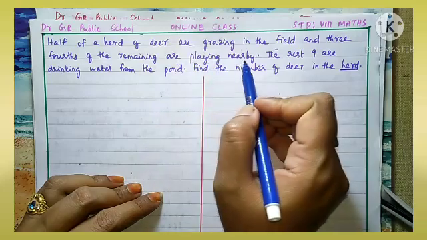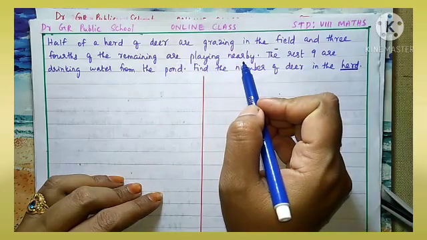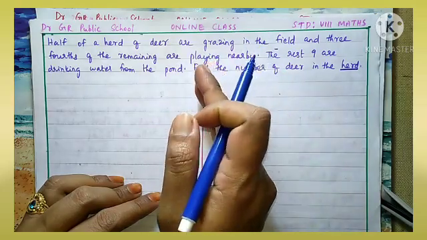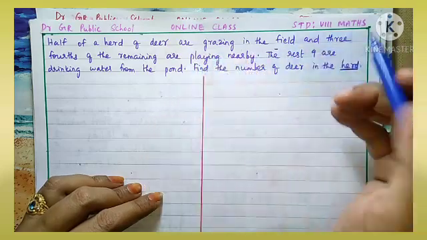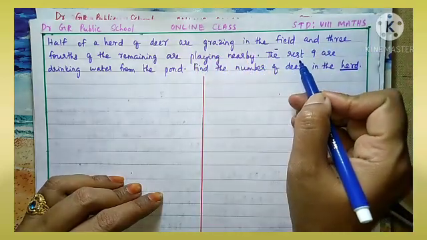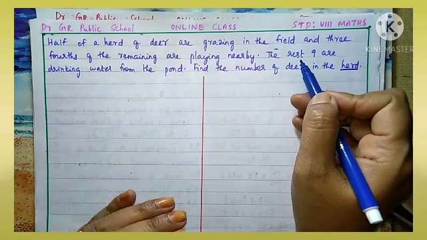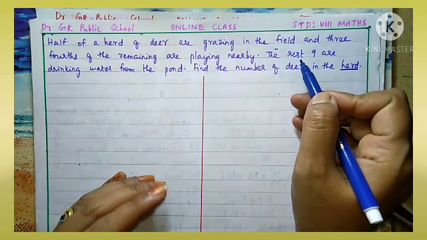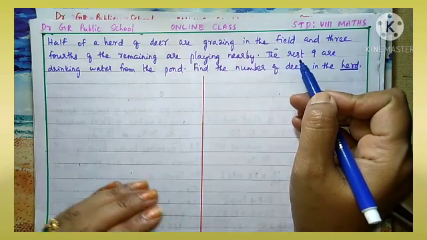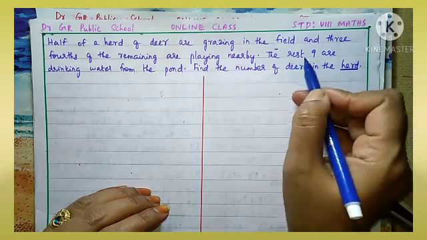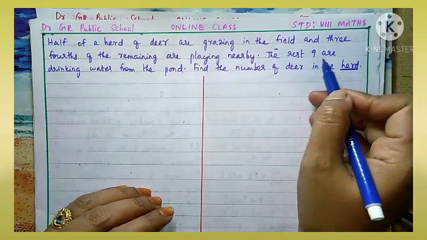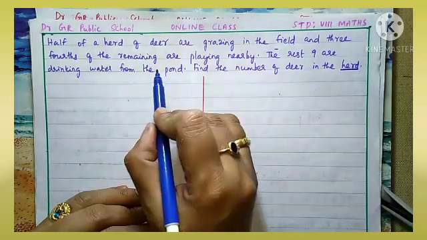They are playing nearby. Understand? So 3/4 of the remaining are playing, and then how many are left? 9 deer are left, and these 9 deer are drinking water from the pond.